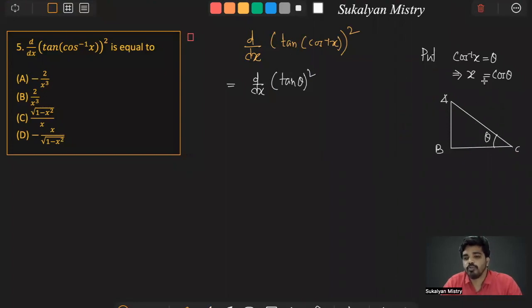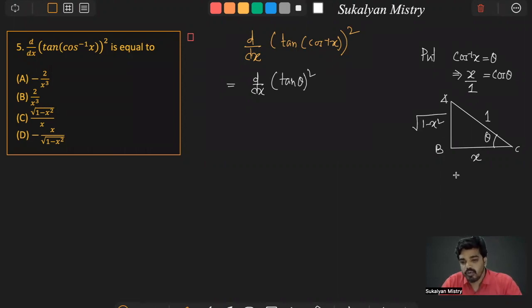Cos theta is equal to base by hypotenuse, so this is x, this is the hypotenuse, which is 1. We know that hypotenuse square is equal to perpendicular square plus base square. So AB square will be AC square minus BC square, so AB will be root over of 1 minus x square.